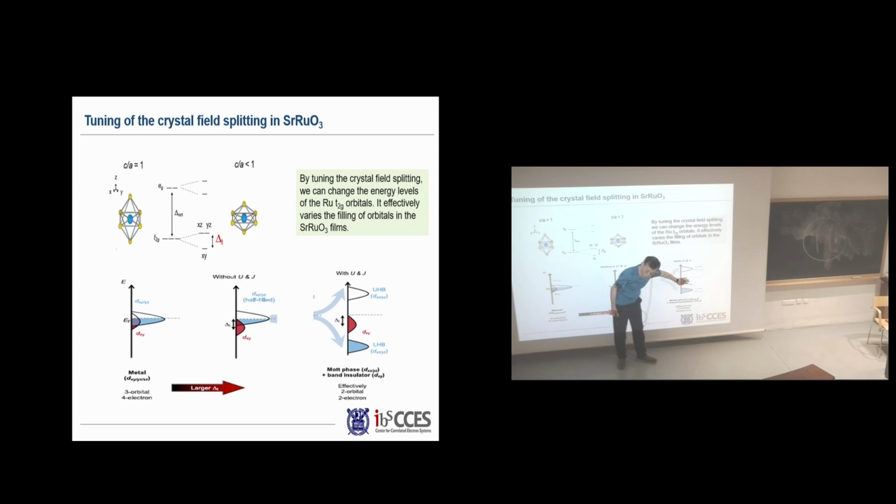So we have 2 orbitals and 2 electrons. So we are actually controlling the number of orbitals as well as the number of electrons in this system. It's a very unique way we can control. And for 4d transition metal oxides, this kind of thing should play a very important role if you want to do oxide electronics.